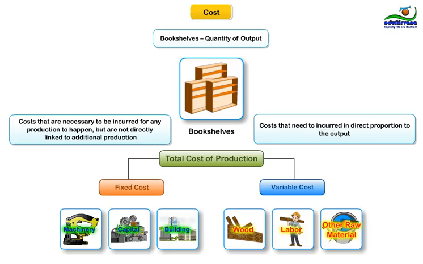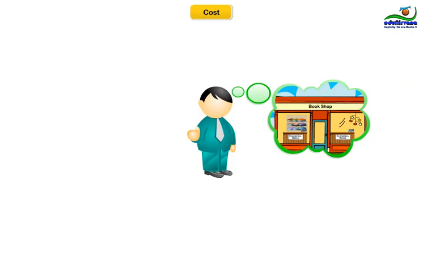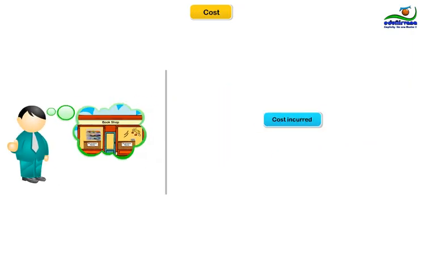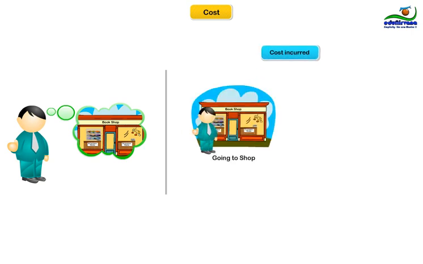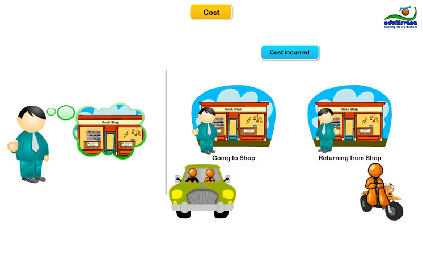Let's understand this intuitively first. Consider that you wish to go to a bookshop to buy books. Now, from a cost perspective, there is the cost you incur for going to the shop and returning, that is, possibly taxi charges or your motorbike petrol charges.